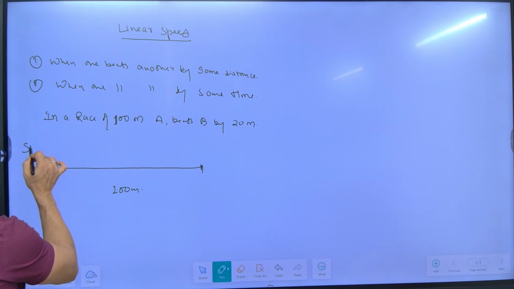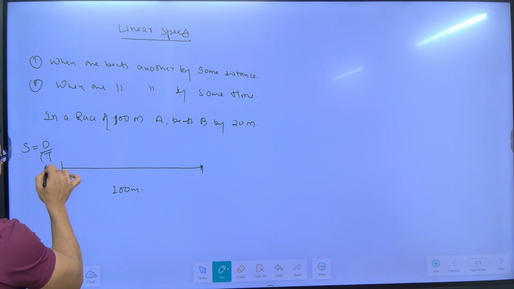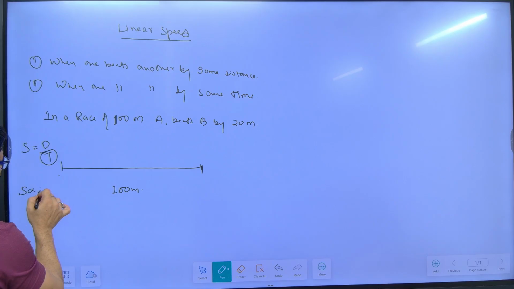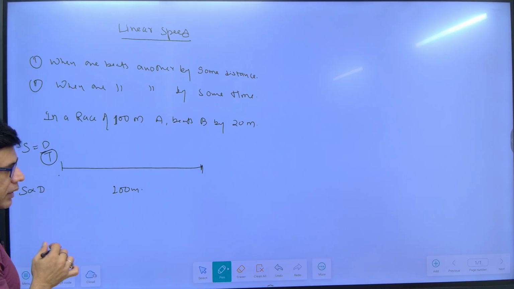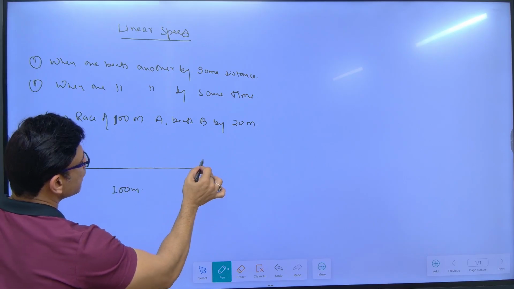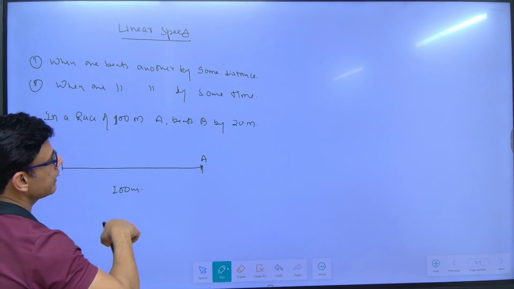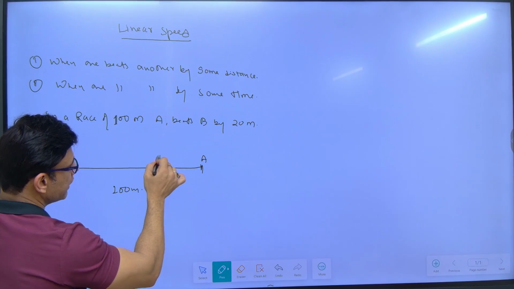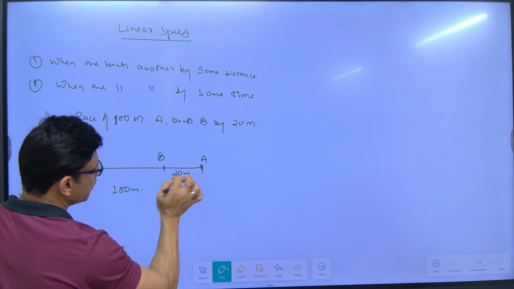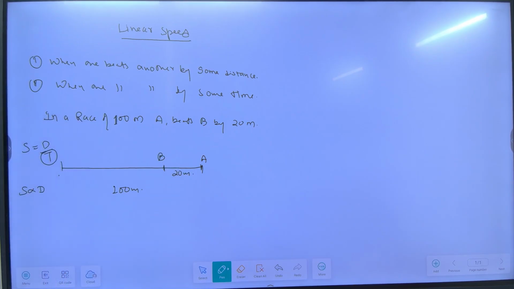Now, you know, speed is distance upon time, right? So when time is constant, speed is directly proportional to what? Distance. So when A covers 100 meters in the same time, B is 20 meters behind A. When A beats B by 20 meters, in that particular time A covers 100 meters and B covers only 80 meters. So time is constant.